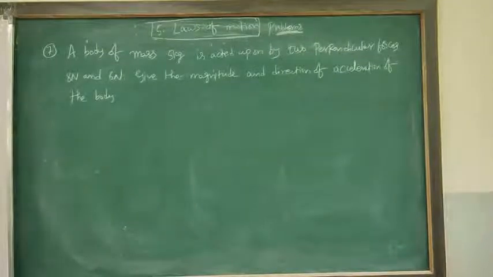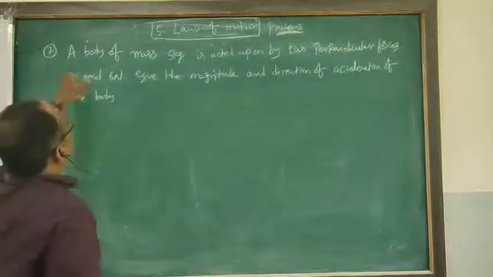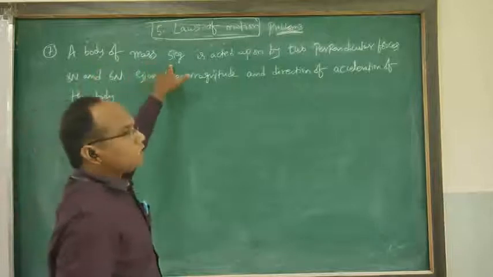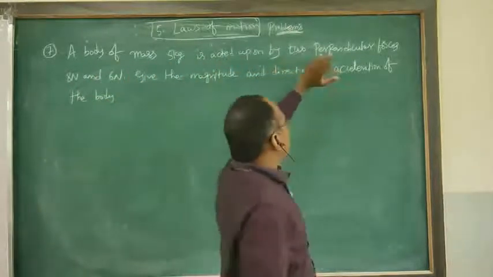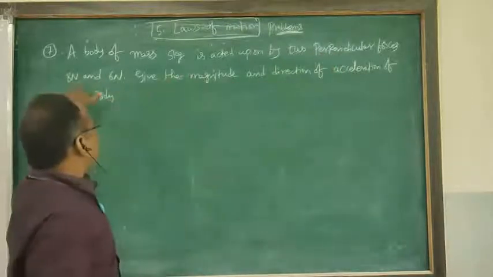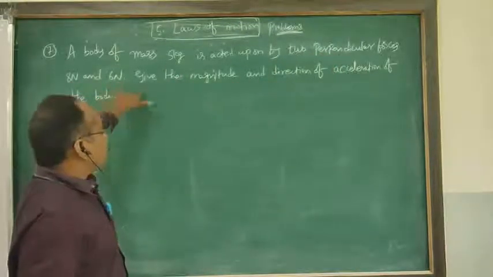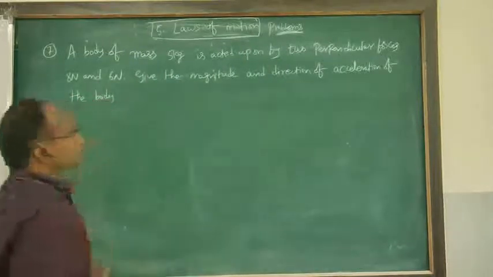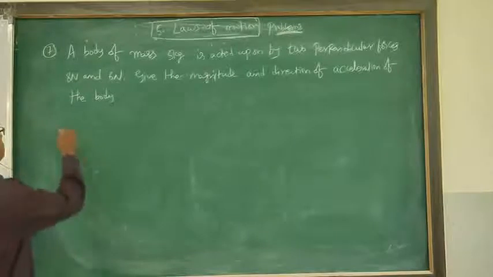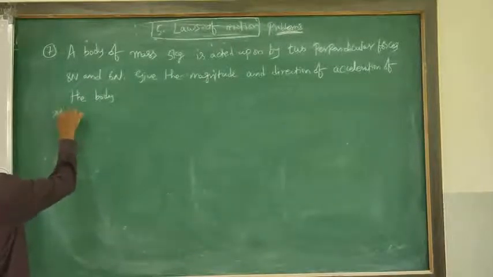See the seventh problem. A body of mass 5 kg is acted upon by two perpendicular forces, 8 Newton and 6 Newton. Give the magnitude and direction of acceleration of the body. So what is the meaning of this?